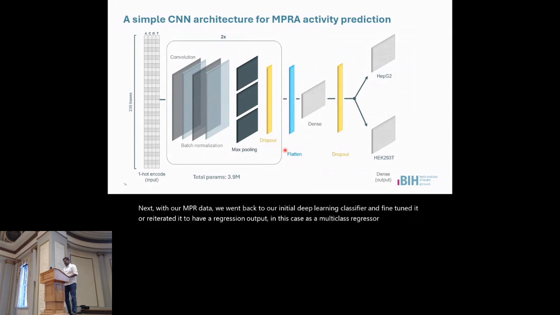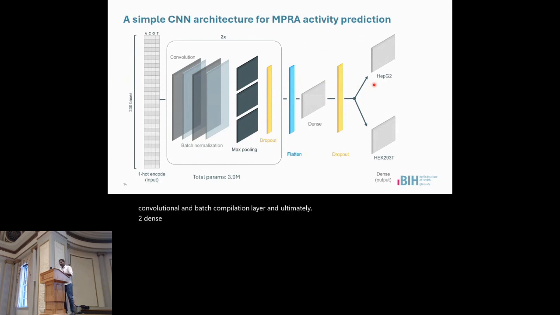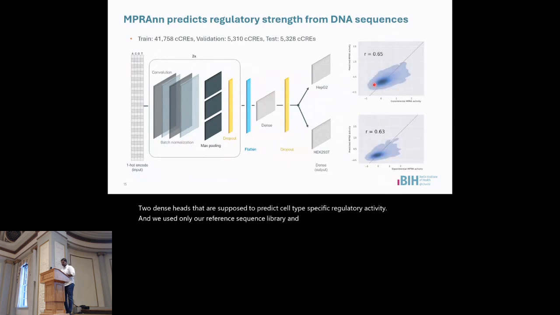This is a very simple design where the input is the nucleotide sequence, and it has a few arrays of convolutional and batch normalization layers, and ultimately two dense heads that are supposed to predict cell-type-specific regulatory activity. We used only our reference sequence library and went with a classical train-validation-test approach. Our best model could get a test Pearson correlation of 65% in the case of HepG2 and 63% for HEK293T.